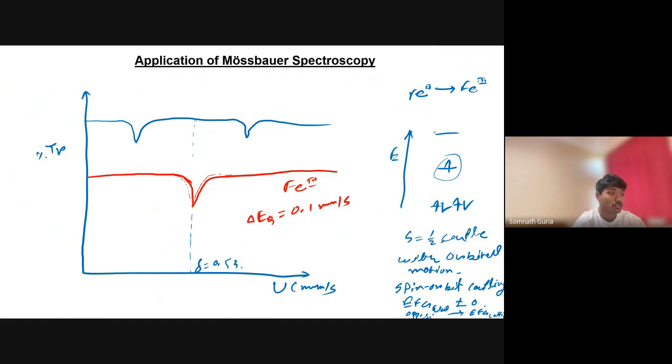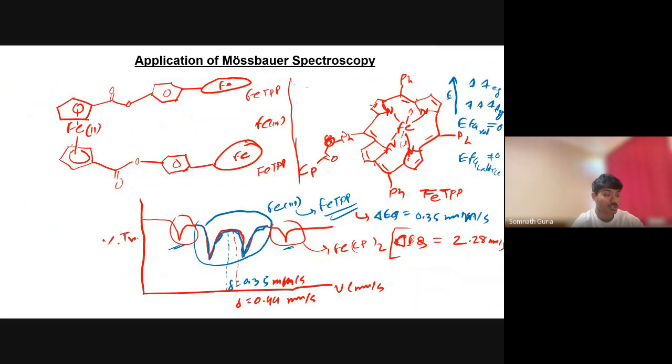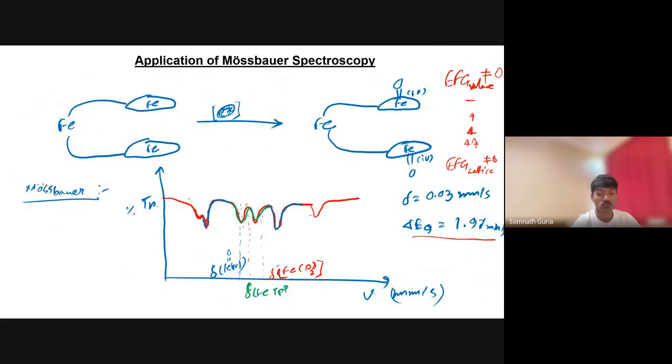Okay. And then we discussed some research problems depending on ferrocene and iron TPP. This is tetraphenyl substituted iron porphyrin, and we try to monitor the oxo species generated during oxidation, the generation of the iron 4 oxo system. This system has been monitored by Mossbauer spectra as well as EPR as well as Raman.